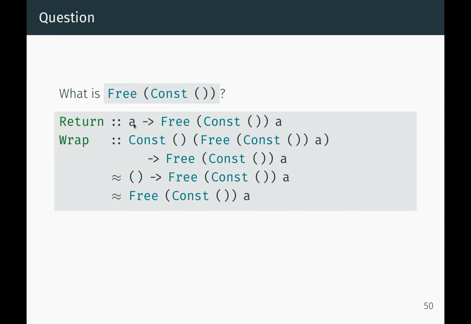So you can take an arbitrary element A into this new monad, and you have a specific element independent of A. It turns out that that is Maybe A. So Free (Const Unit) A is the same as Maybe A. Not syntactically the same, but you can write maps back and forth: Just is return and Nothing is wrap. So this is one way to recover the Maybe monad. The Maybe monad is a free monad, the free monad of the functor Const Unit.